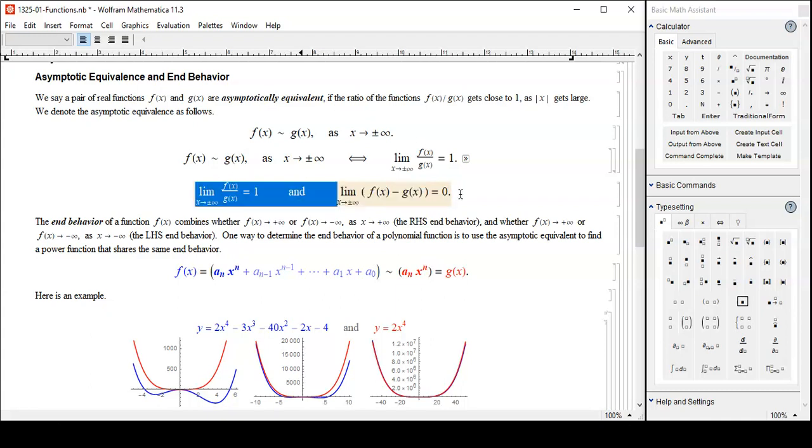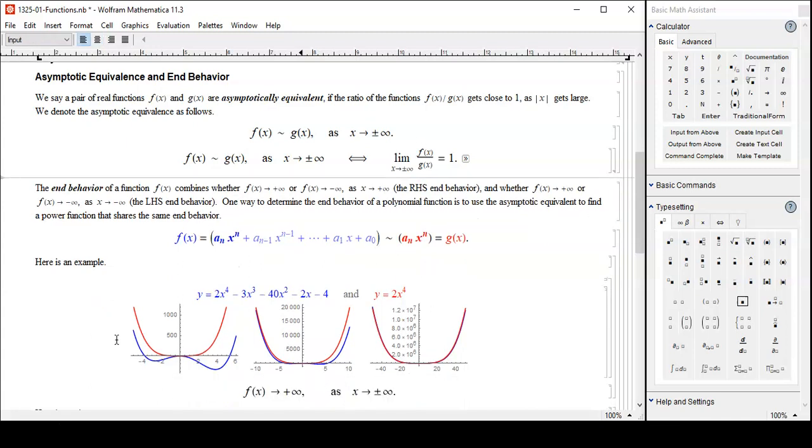So this one is actually stronger. The difference getting closer to 0 versus the ratio getting close to 1. If they're the same, then of course the ratio is 1 and the difference is 0. But the ratio getting close to 1 versus the two getting close to each other, that's very different as a matter of fact. We'll talk a little bit more about the getting closer and closer concept and this limit expression starting from next week.